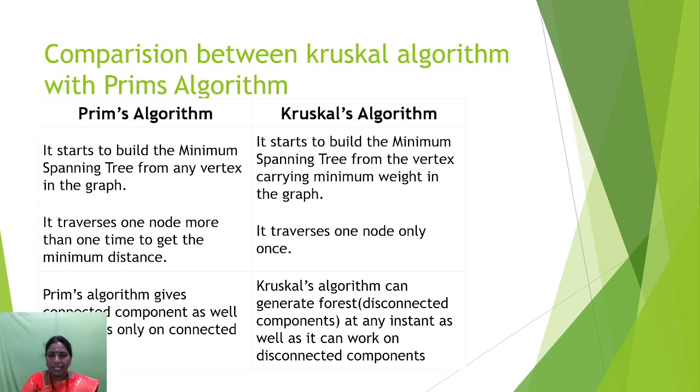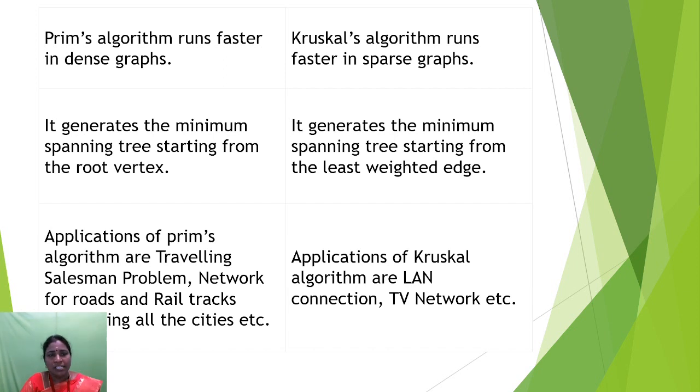Yeah, I already explained this in our concept. It never supports a closed loop. It's a disconnected path, so at any instant it can work on disconnected components. Prim's algorithm runs faster in dense graphs.